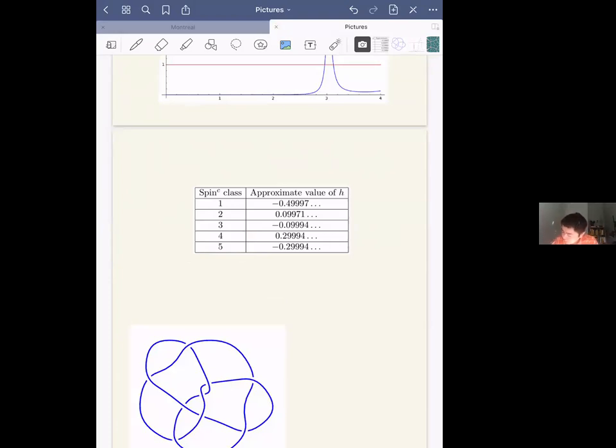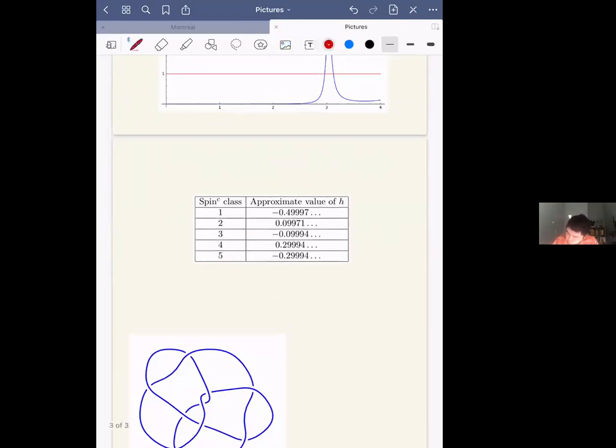Okay, you can see that this has 25 spin C structures, and because of the symmetry, up to symmetries there are really only 5. And you can see that this number is very close to -1/2.